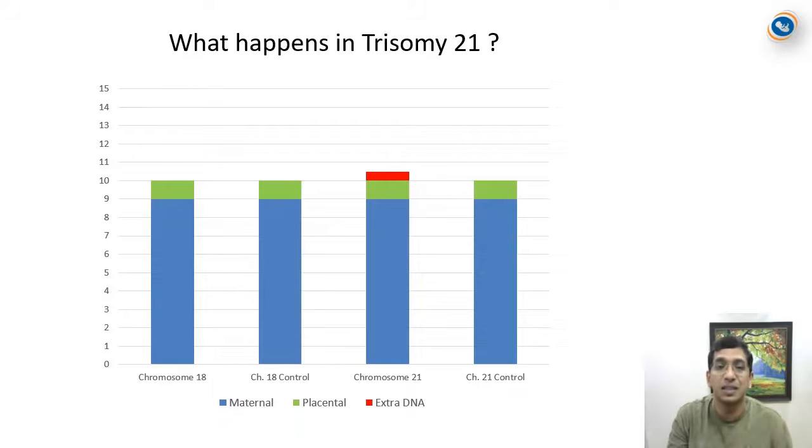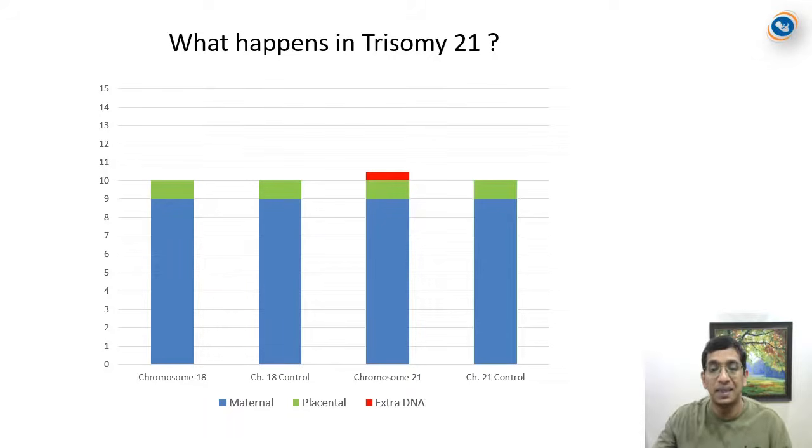Let us assume that the baby has trisomy 21. This blue bit resembles the maternal DNA, so you will have 90% of DNA coming from the mother, which will be the same.